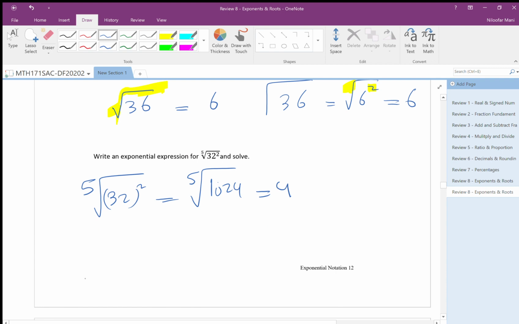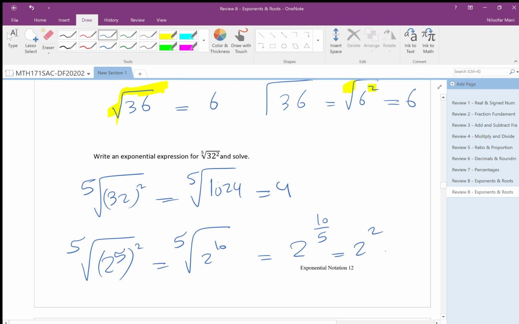How about here? This is 5th root of 2 power 5, power 2, which is 5th root of 2 power 10, which is 2 power 10 over 5, which is 2 power 2, which is 4.